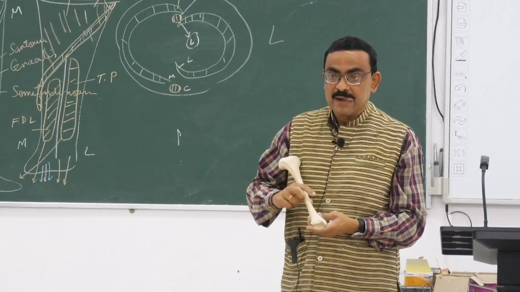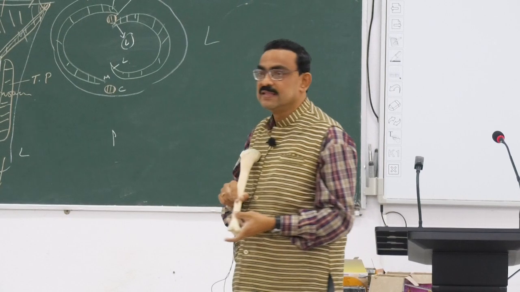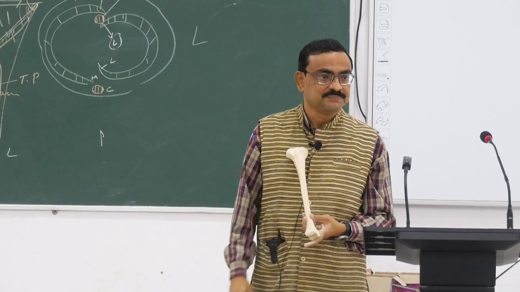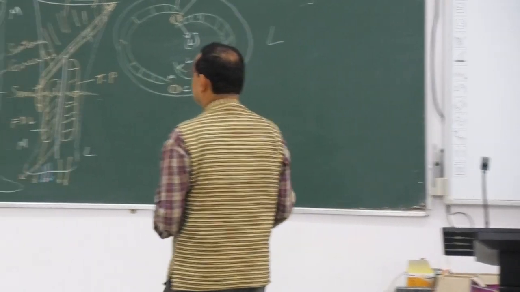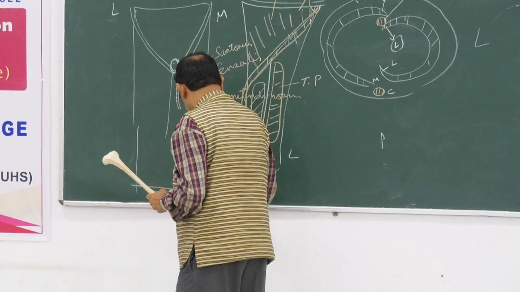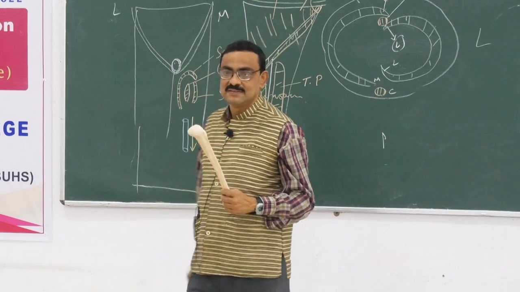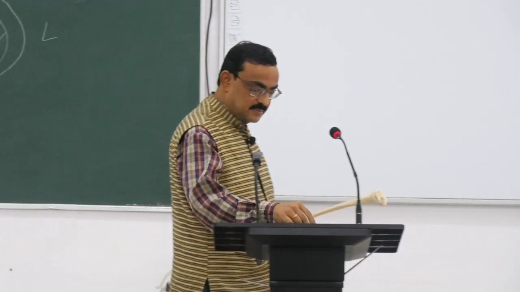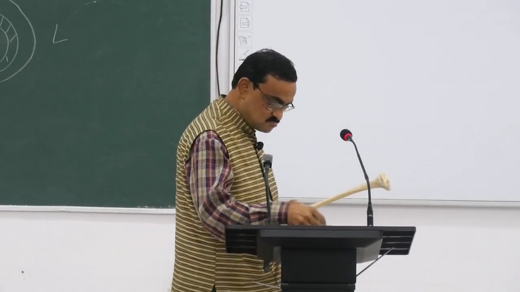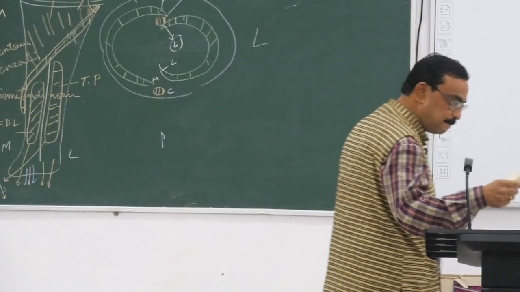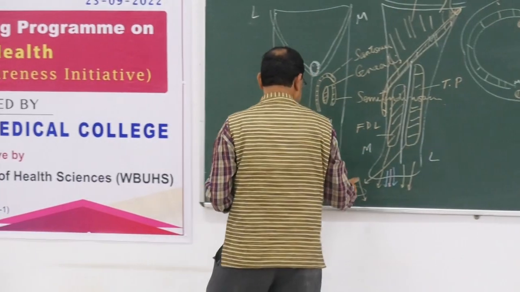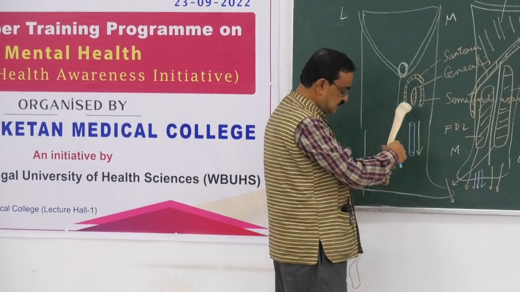Now, in the front, there are also some structures, again similar things. This is the posterior and this is the anterior. This is tibialis anterior.